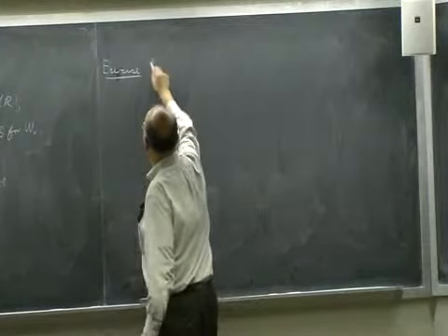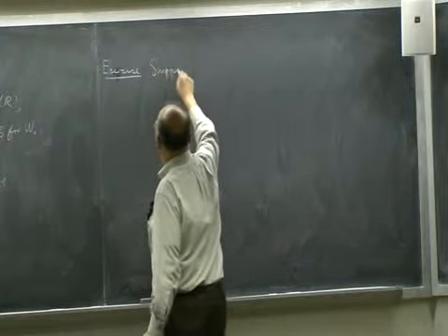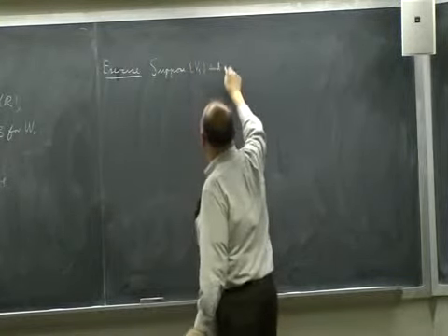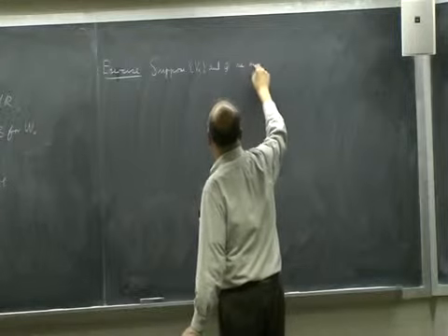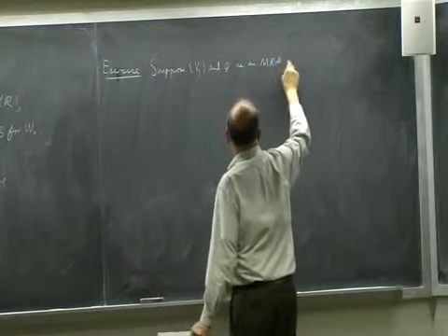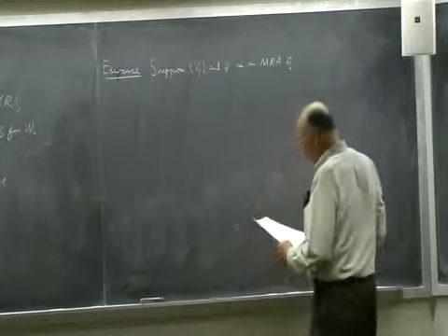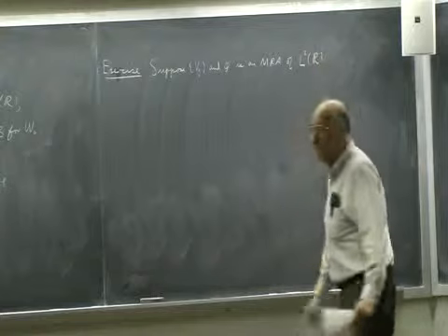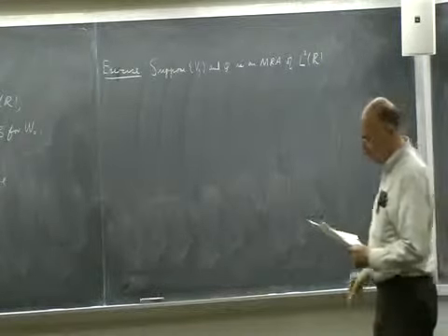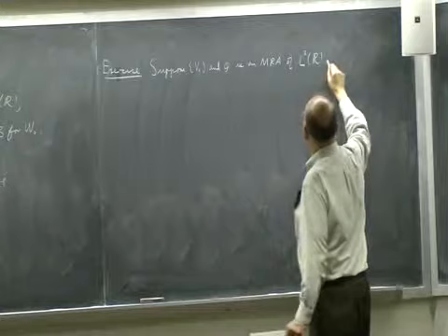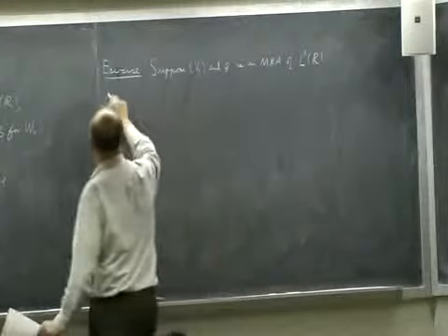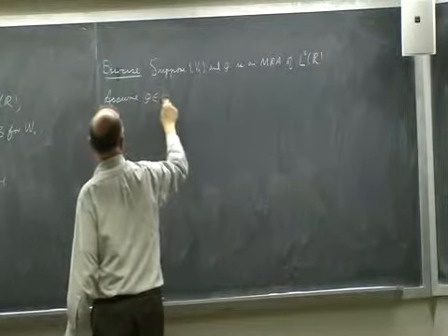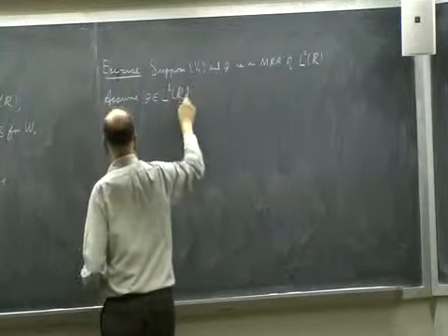So suppose Vj and phi is an MRA of L2 of R. And at least for me, I needed the following hypothesis. Assume phi is in L1 of R.